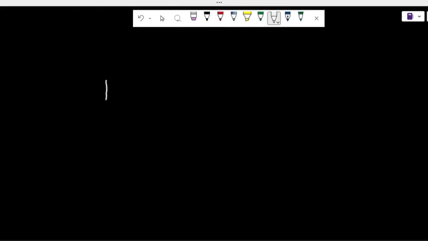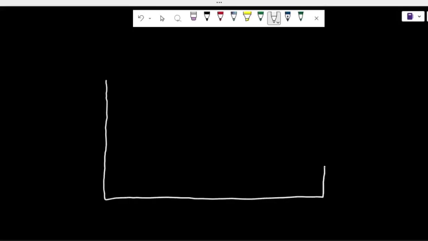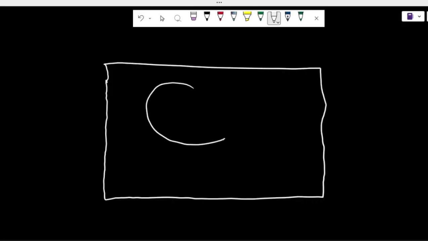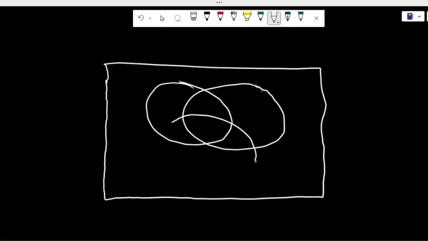So this is going to be like this. So we're going to have three sets here. So notice that there are three textbooks.